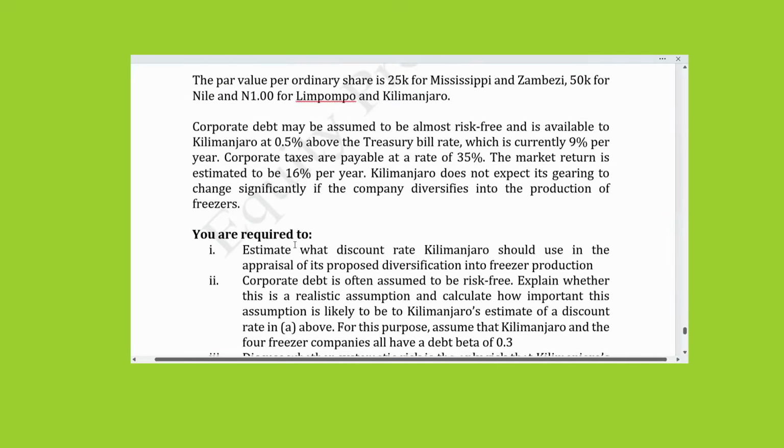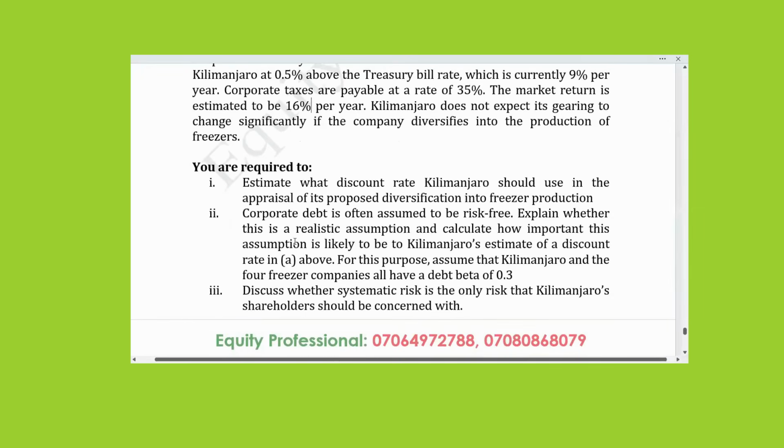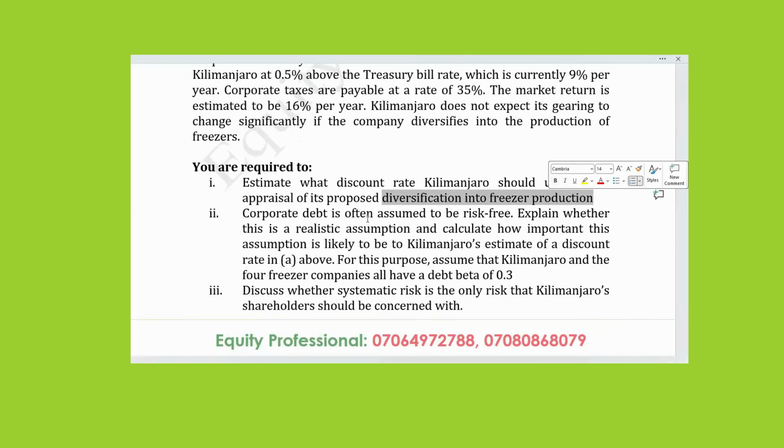You are required to: 1. Estimate what discount rate Kilimanjaro should use in the appraisal of its proposed diversification into freezer production. 2. Corporate debt is often assumed to be risk-free.